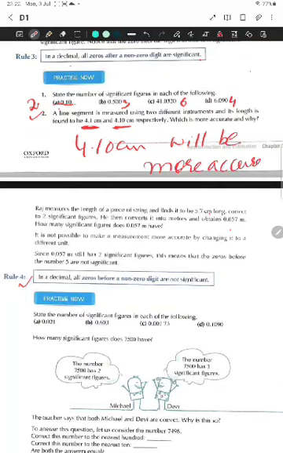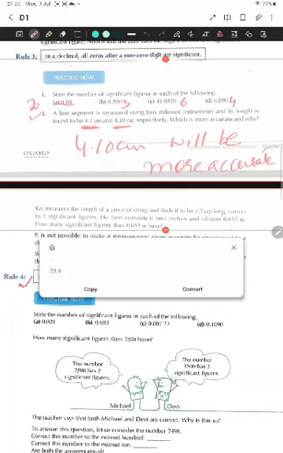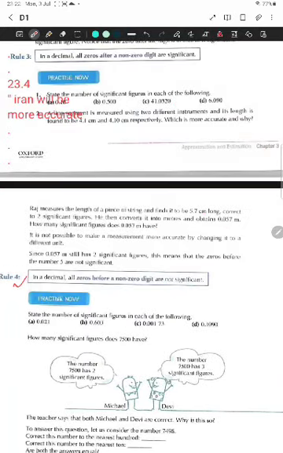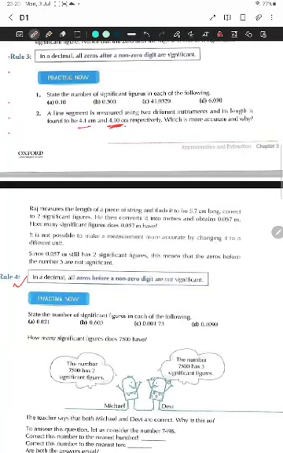The reason is clearly that in 4.10, the number of significant figures is 3, and in 4.1, the number of significant figures is 2. So this is more accurate.